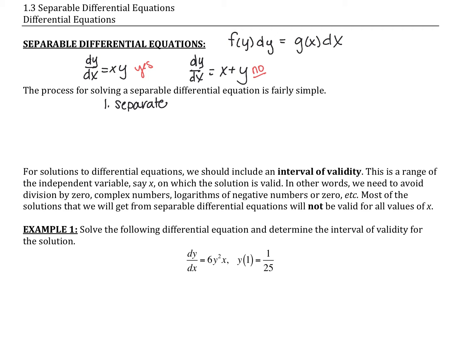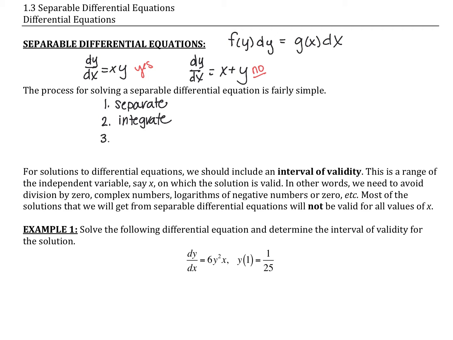We want to separate the x's on one side and the y's on the other. Sometimes even the separation can be a little bit messy, but we can get there. Two, we want to integrate. If it's going to get messy, this is where it's going to get messy, in the integration.